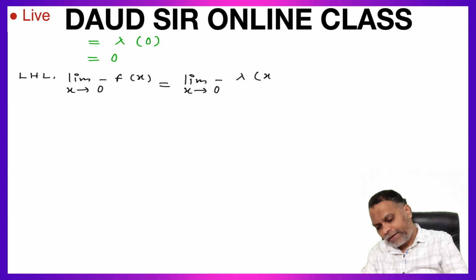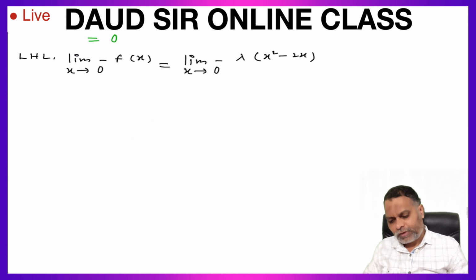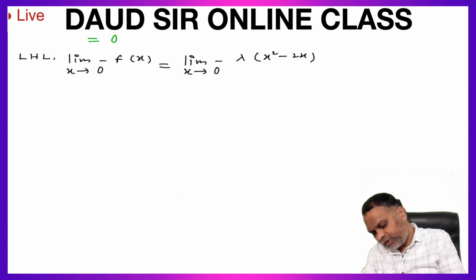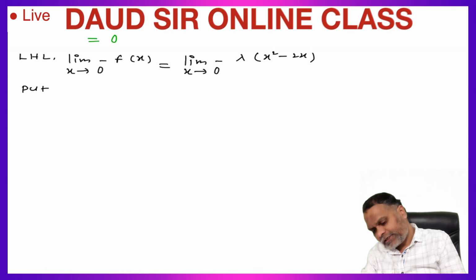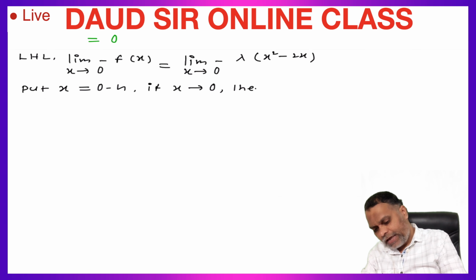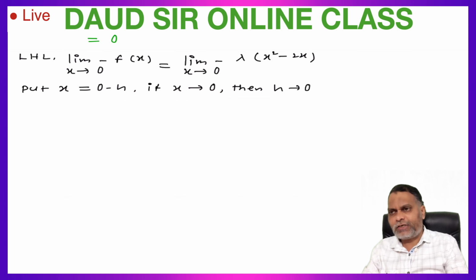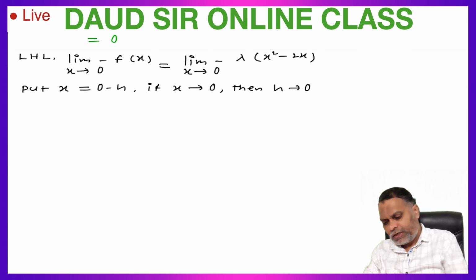For the left hand limit we have to substitute x is equal to a minus h, here a is equal to 0, so 0 minus h. Put x is equal to 0 minus h. If x tends to 0, then h tends to 0.